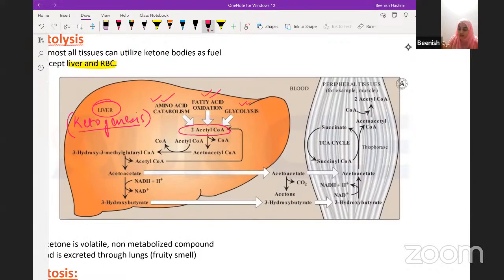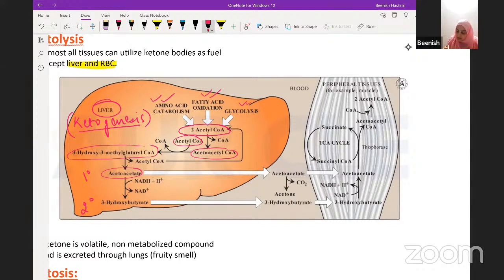Now your 2 acetyl-CoA condense to form acetoacetyl-CoA. Then this acetoacetyl-CoA again condenses with another acetyl-CoA to form HMG-CoA, and from this HMG-CoA, acetoacetate is formed, and this acetoacetate, which is the primary ketone body, forms other secondary ketone bodies.